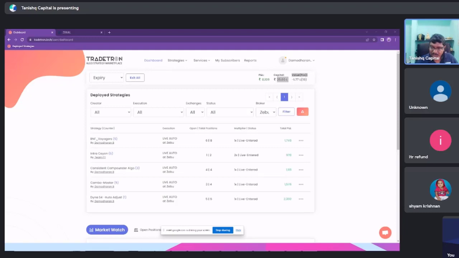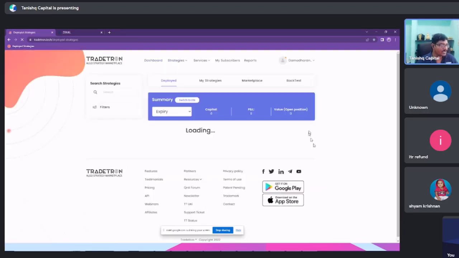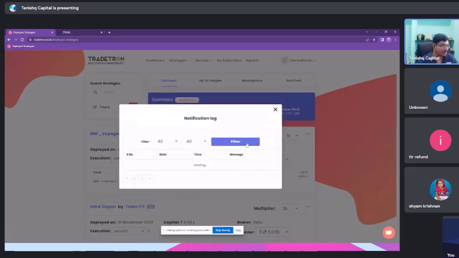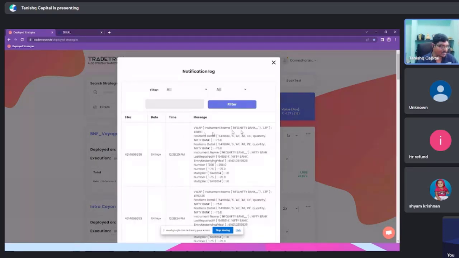Sanjeev Sotri asks, any error for executing all legs? No, right now I don't have any. Even if you go for deployed strategies, notification logs will come for most of the strategies, showing why an error is coming or what the logs are. As of now, only one day TradeRun had an error.